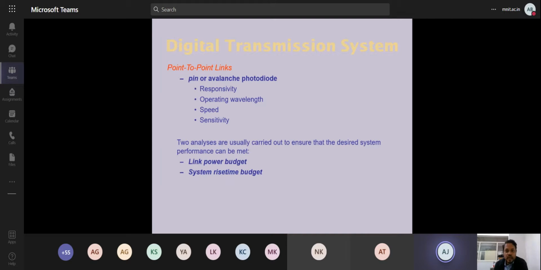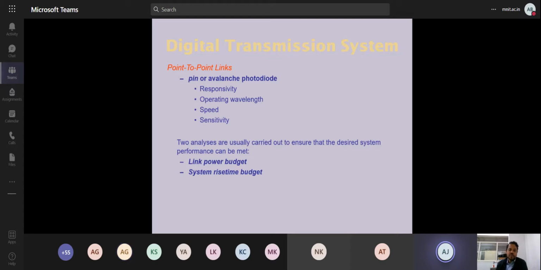Going ahead, what should be the photodiode to be used? Should we use a pin or an avalanche photodiode? Depending on distance, if the received power is quite high, then you can use a pin. If the received power is low, then you can use an avalanche photodiode.